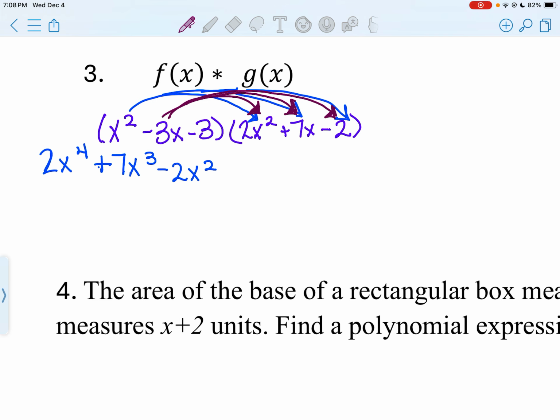Negative 3x times 2x squared, that's a negative 6x cubed. Negative 3x times 7x is minus 21x squared. And this is plus 6x because negative 3 times a negative 2 is positive. Let's please review exponent rules from unit 1, day 1 if you don't know how we got x cubed.